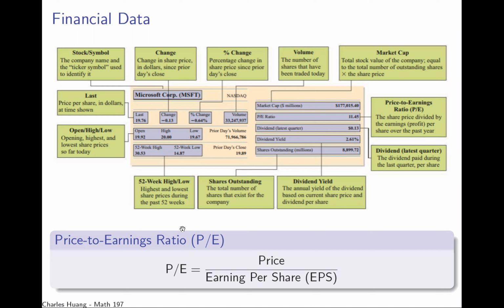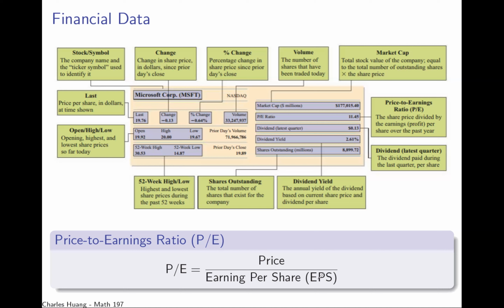We will only want to be an owner of a company that is making money, right? We don't want to be owning a company that's losing money, and eventually we lose all our money. The price to earning ratio tells us how much we have to pay for that earning.